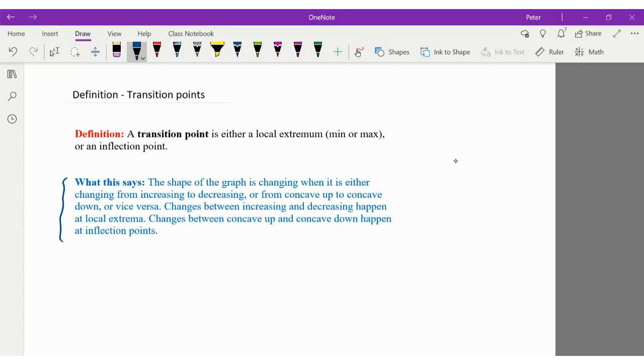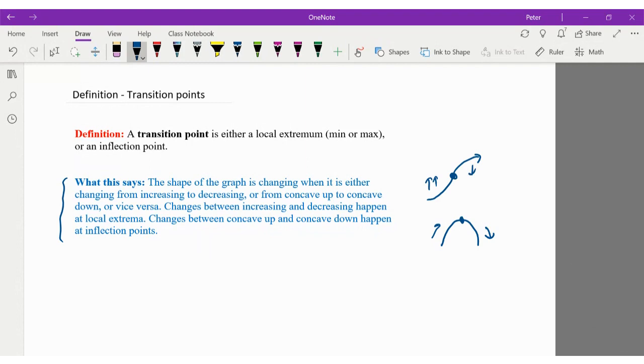It's changing, for example, from being increasing like that to being increasing like that. So here, that's an inflection point. Or maybe it's changing from increasing to decreasing. So that's increasing, that's decreasing. Here, that's concave up, and here, that's concave down. So we're lumping all the different types of changes of appearance together and just calling them transition points.